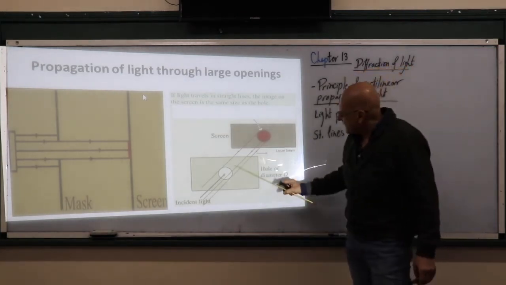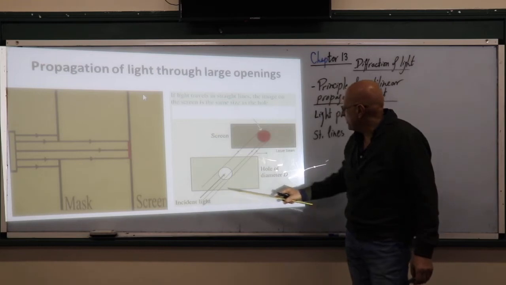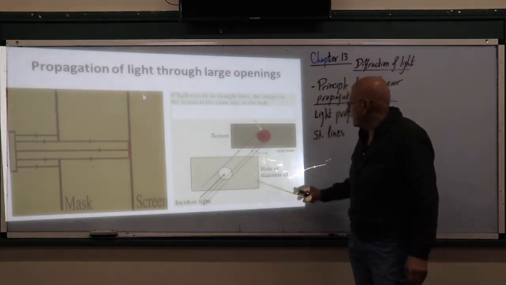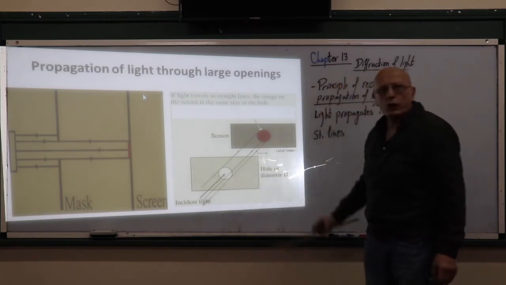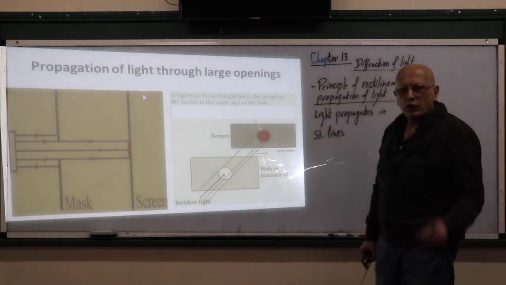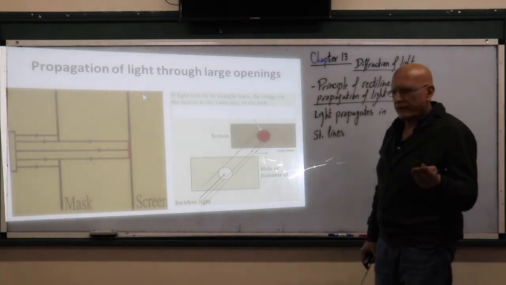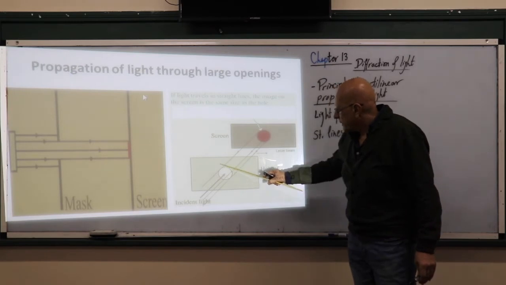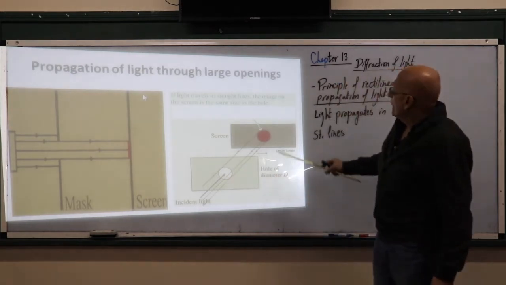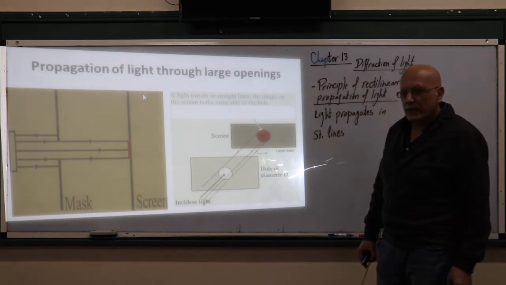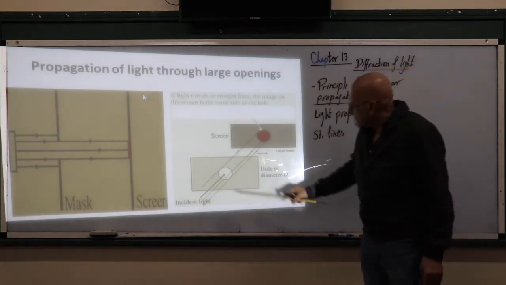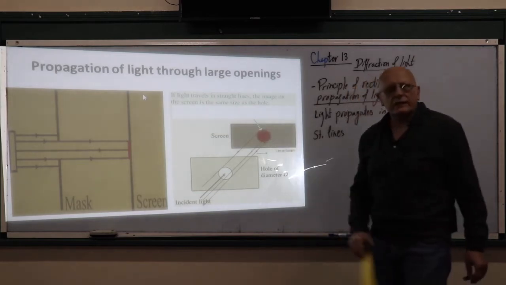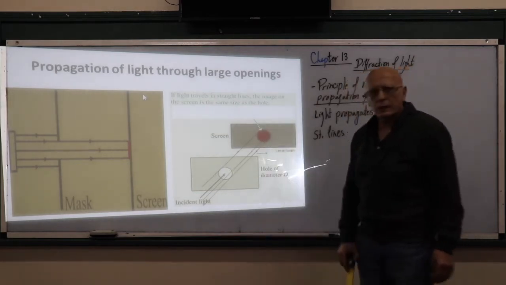If you send a laser beam of light here through the hole, this is a cardboard, which is an opaque object that prevents the passage of light, and they made here a circular hole. And this is the screen. What do you observe on the screen? You observe a spot of light or a disk of light of the same diameter as the hole here.